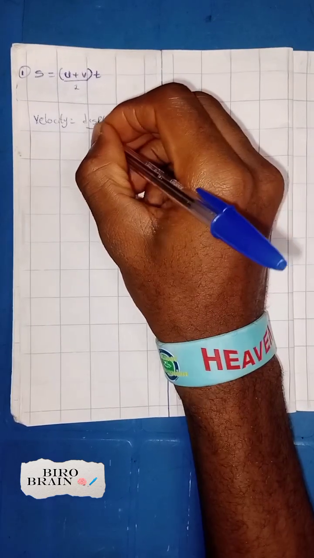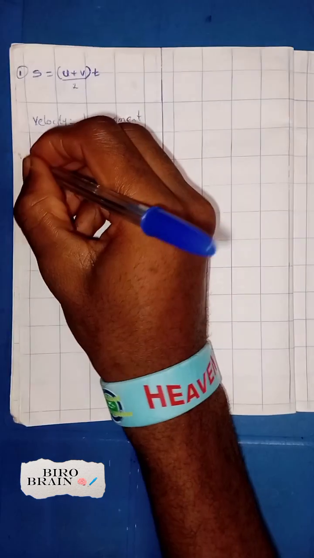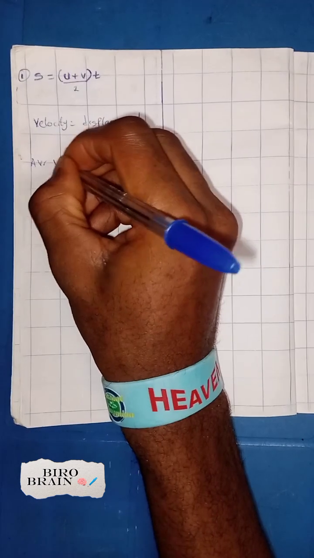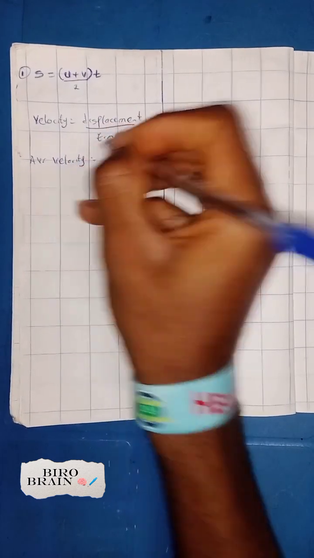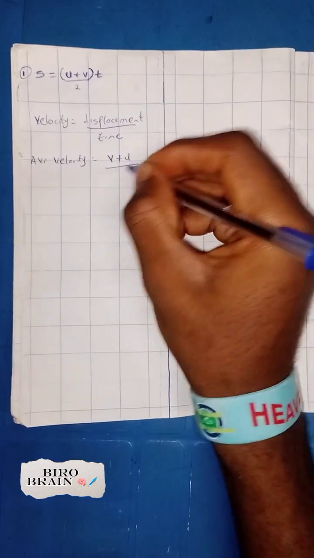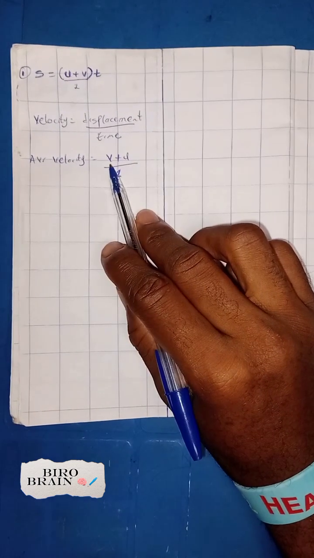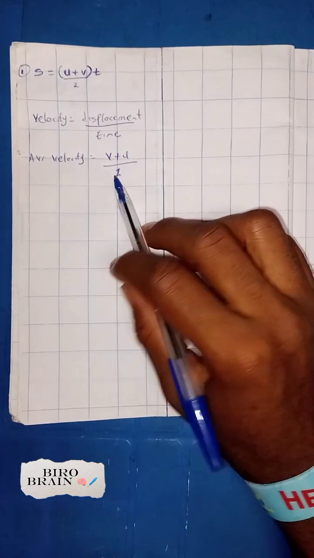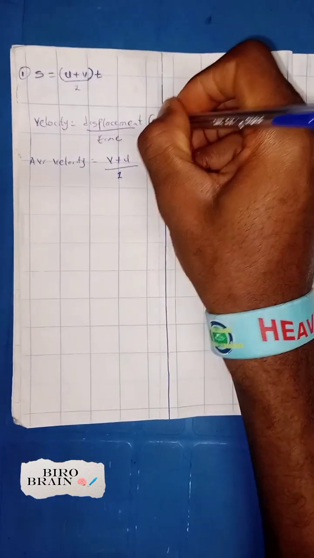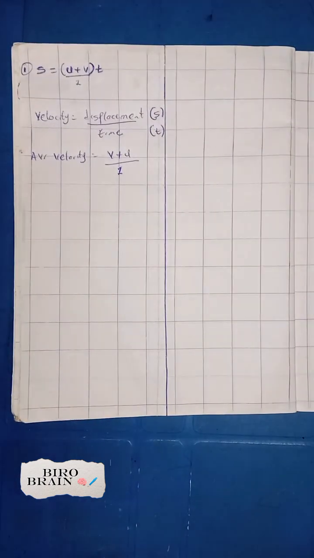I know average velocity is v plus u over 2, that's final velocity plus initial velocity divided by 2. I know the symbols for displacement is s and time is t.